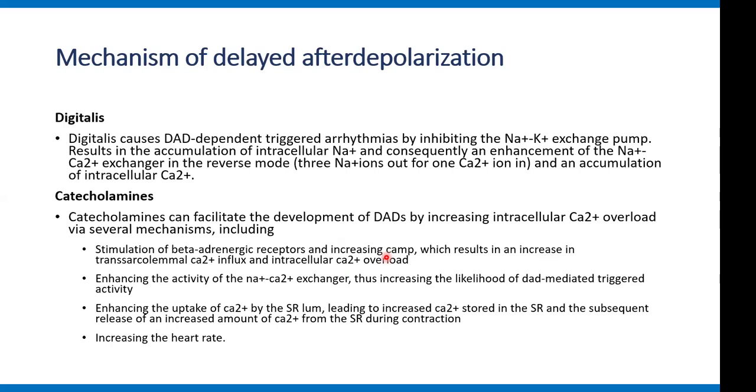I mentioned digoxin, so digitalis: once it inhibits the sodium potassium pump, there is accumulation of intracellular sodium and the sodium calcium exchanger works in reverse mode. So 3 sodium out, 1 calcium in, then you have accumulation of calcium. Catecholamines, like I mentioned, also do that in different ways.